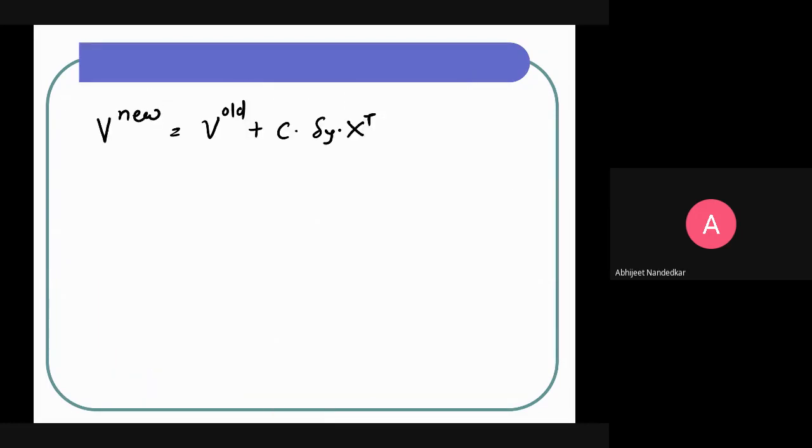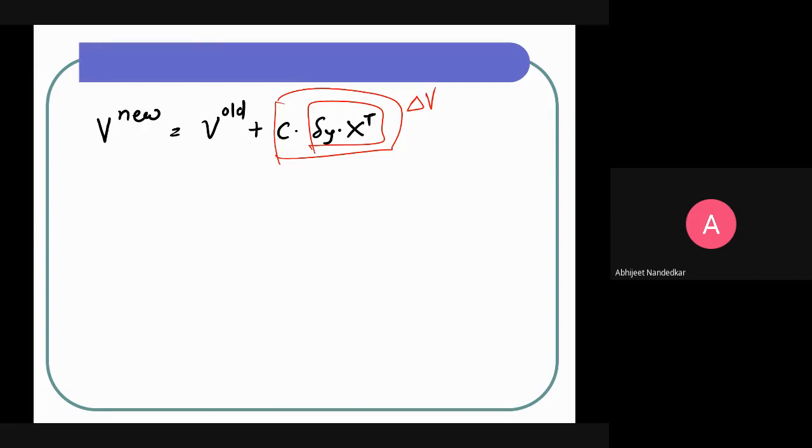Now we have to change the weight of the hidden side. So V new is equal to V old plus some learning constant into dy into x transpose. This will immediately give you the matrix required for updation. This is, in fact, the change in the V matrix.